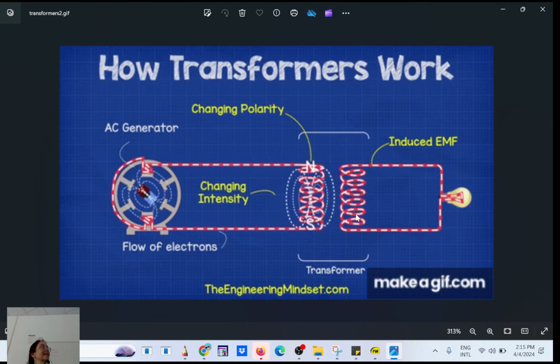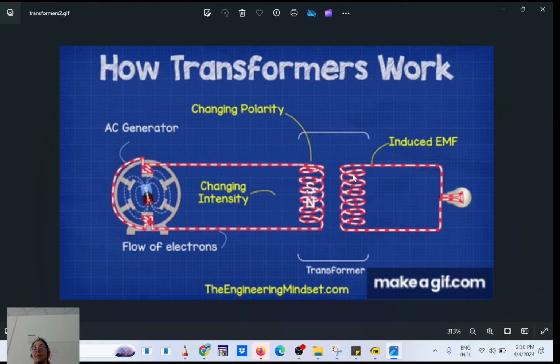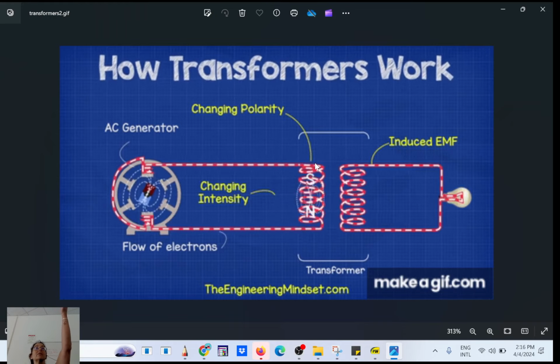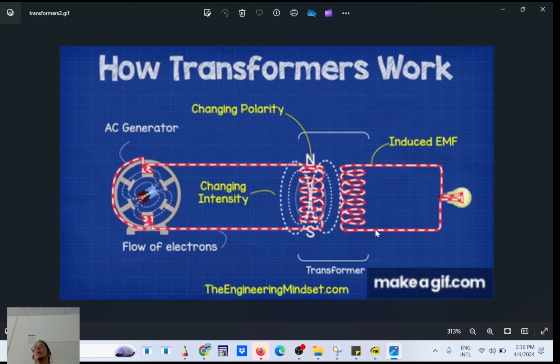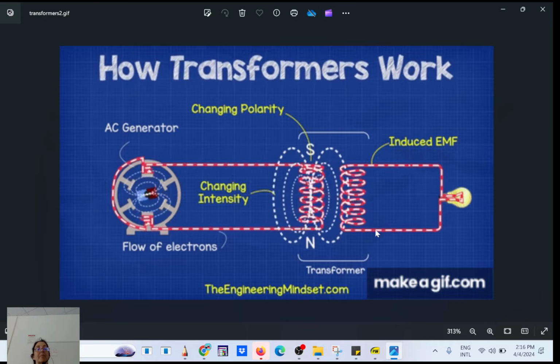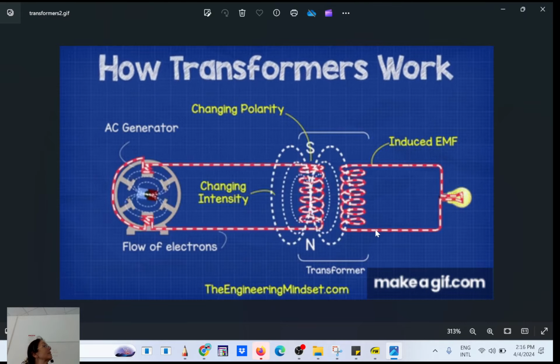Isn't that amazing? And you see that the number of lines poking through the membrane increase, decrease, increase, decrease. Because the magnetic field goes up and down, the current induced here will also be AC. Isn't that a nice animation?